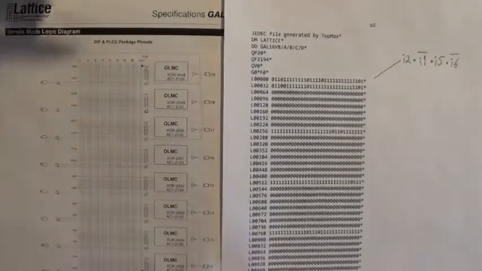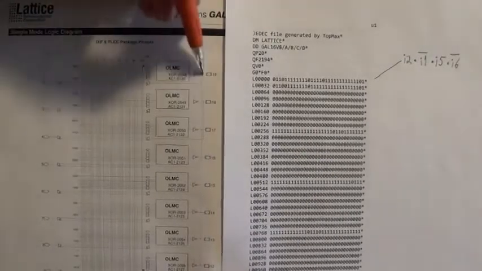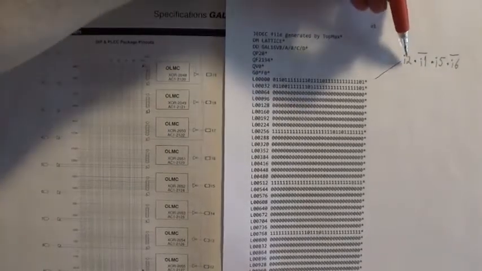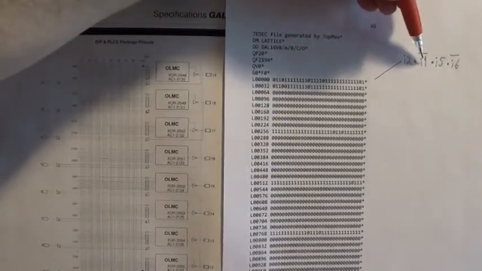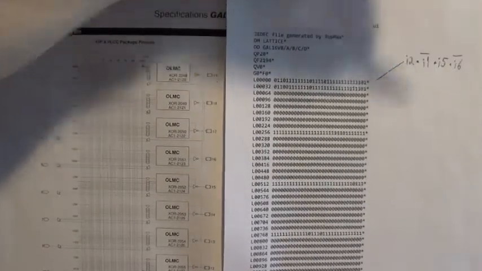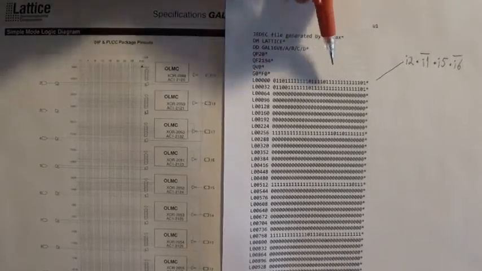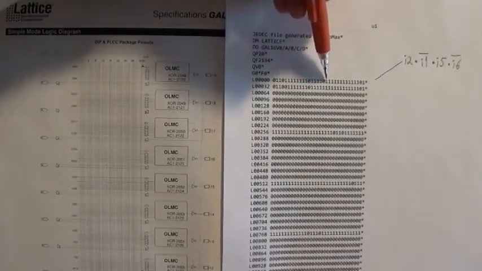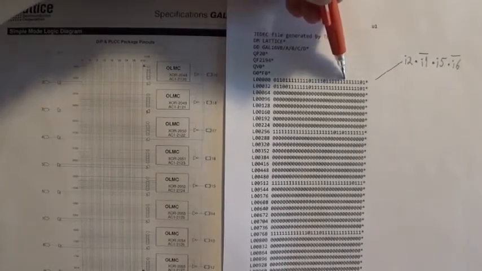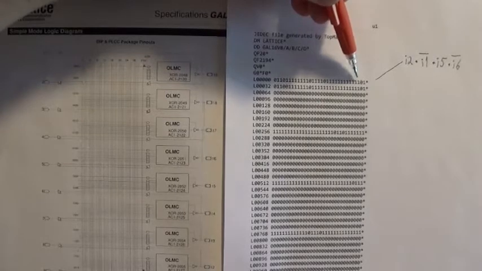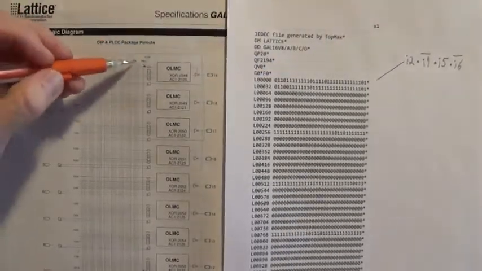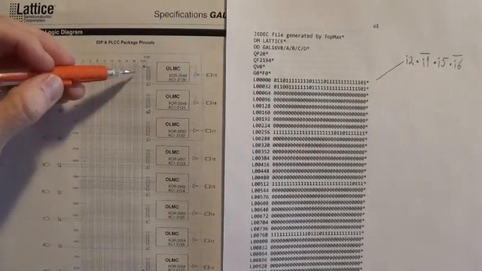So far, to make pin 19 go active, we need pin 2 to be high, pin 1 to be low, pin 5 to be high, and pin 6 to be low. So we've got one more. We know this is 17, 18, 19, 20, 21, 22, 23, 24, 25, 26, 27, 28, 29, 30. There's 28, 29, 30.